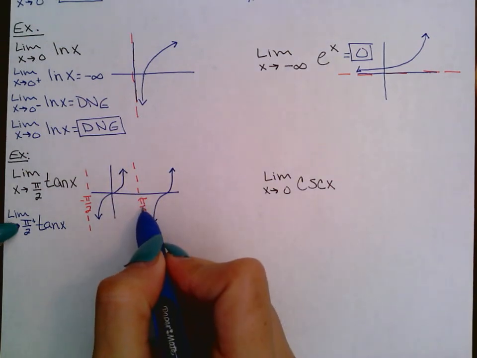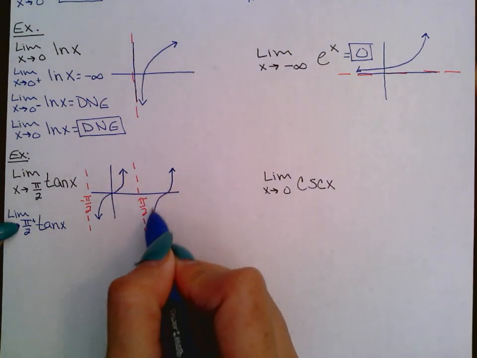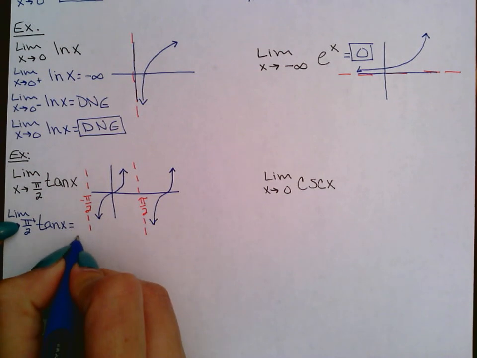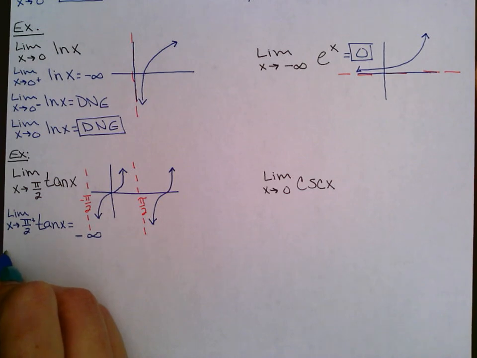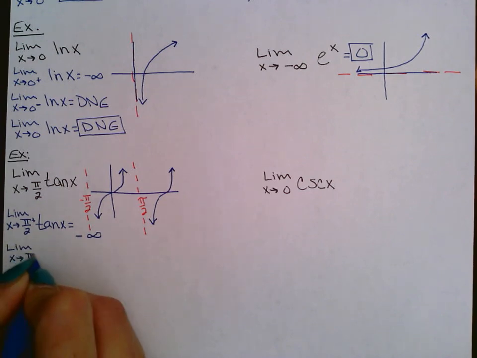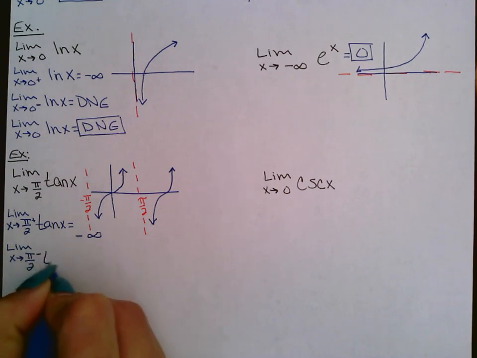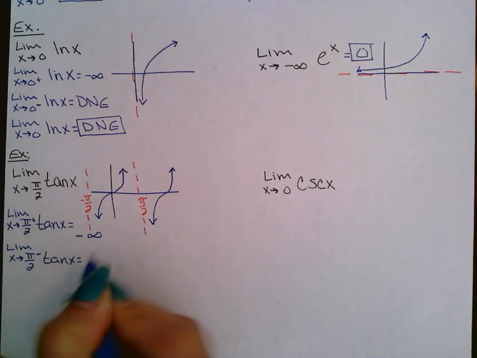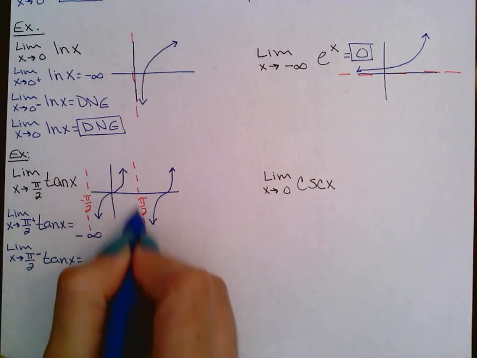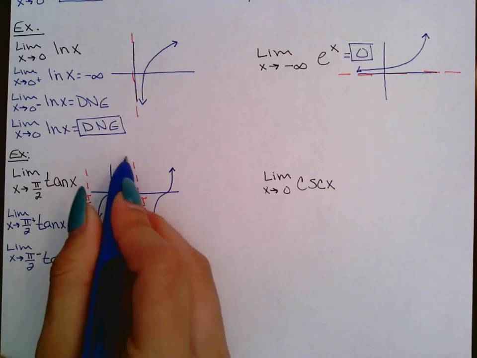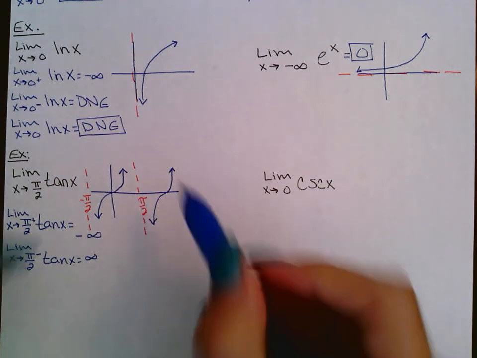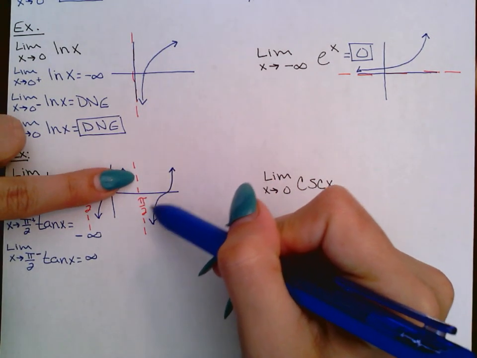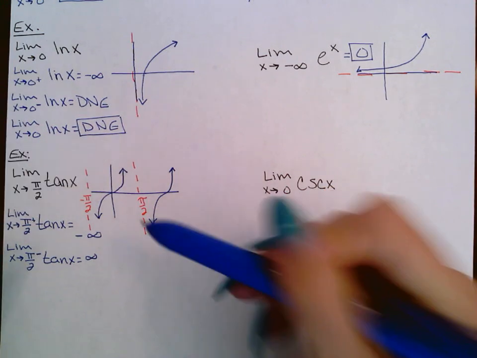So if I look at pi over 2 from the right side, my function goes downwards to negative infinity. Okay? Now, my limit as x approaches pi over 2 from the left, well, from the left side of pi over 2, my function shoots up towards positive infinity.